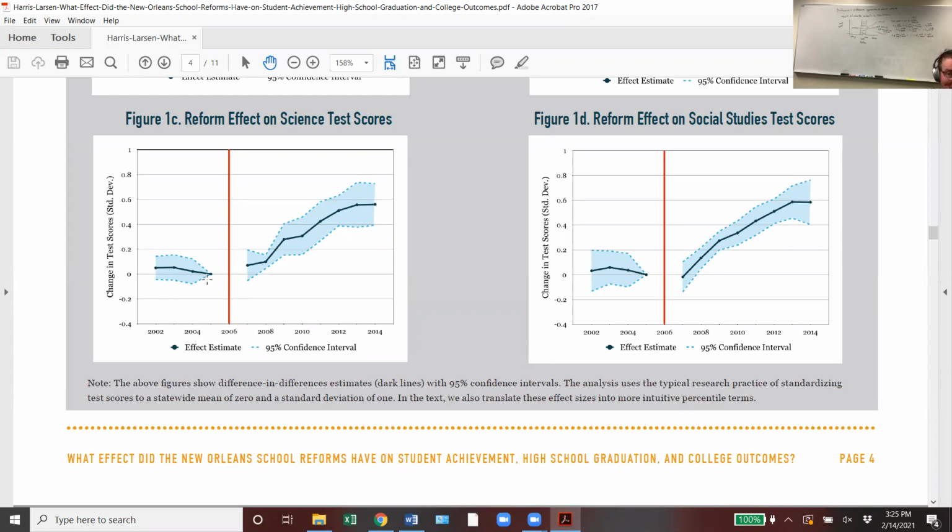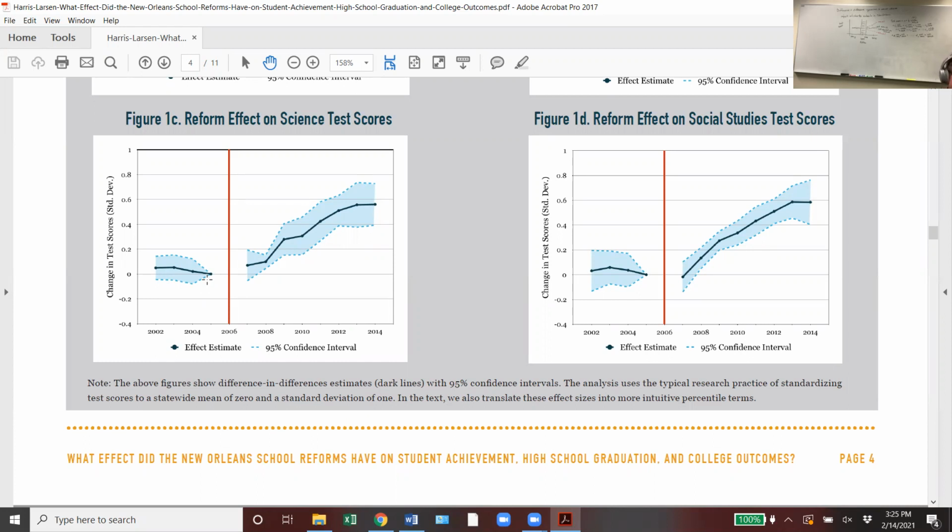Which is kind of exactly what you want. You want kids who look identical in terms of the full set of test scores that they've got. They use this technique called propensity score matching, which does the matching. And then carry the analysis on these matched pairs of kids.